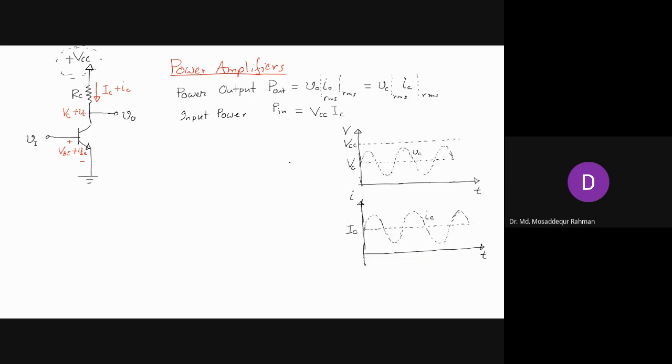So now this part here, this is our maximum value of VC, V naught max. And this is our maximum value of IC.